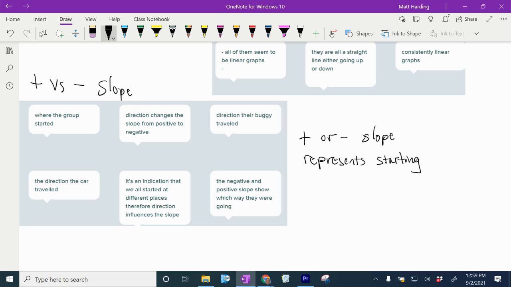Agree or disagree on the pair deck? So the way this works, drag your dot. Positive or negative slope represents starting position.